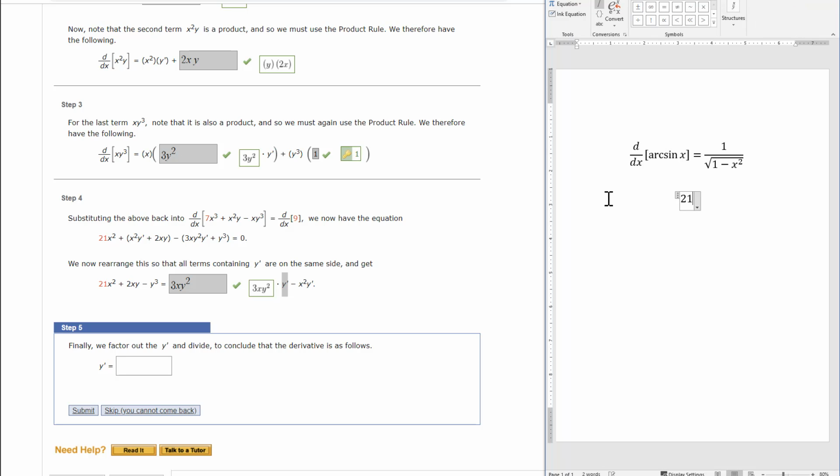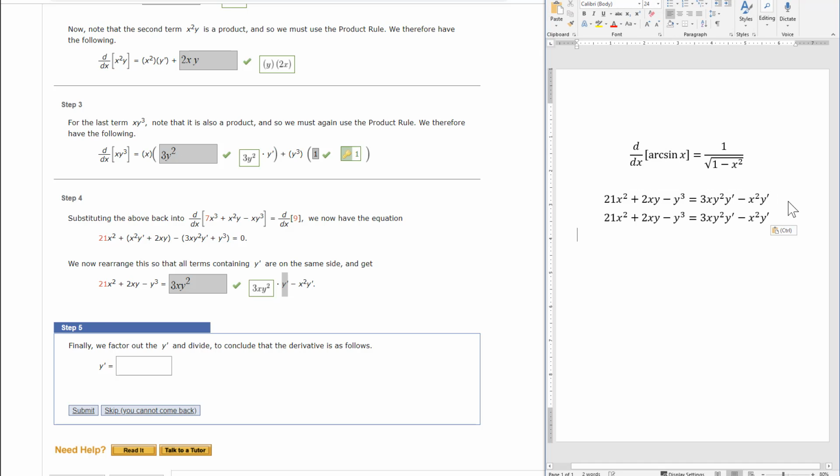So we have 21x squared plus 2xy minus y to the third power on one side, and on the other side we have a 3xy squared times y prime minus an x squared times y prime. So this is what we're working with at this point in our problem.